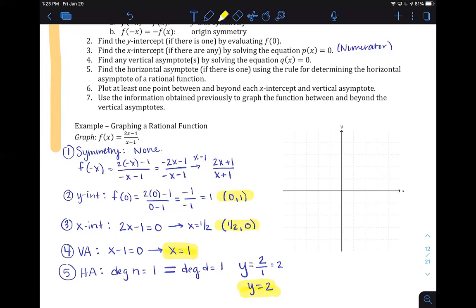All right, so now we're going to graph it all. I recommend that you always start with your asymptotes first. So our vertical asymptote, x equals 1. Make a dashed line.